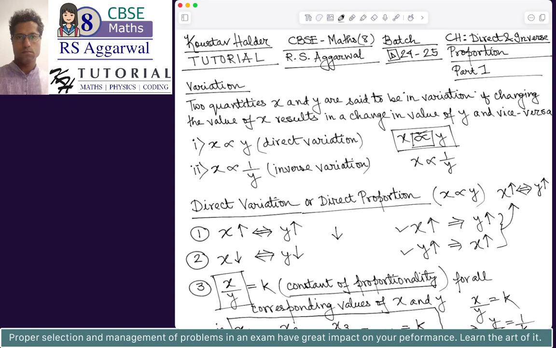Then I will prepare a video regarding solving the problems of exercise 12A from the textbook of author R.S. Aggarwal, which is based on direct variation, and then we will move on to discuss the next topic, that is inverse proportion or inverse variation.